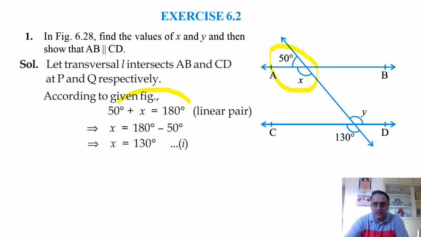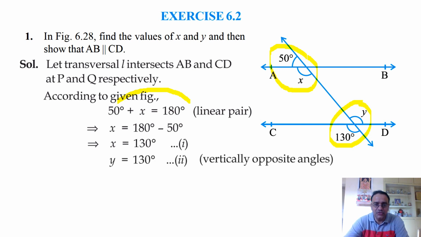Now in the question, see carefully, in the figure, y is also equal to 130 degree. Why? Because vertically opposite angles, right? So from these two we conclude that x is equal to y, because both are equal to 130 degree.